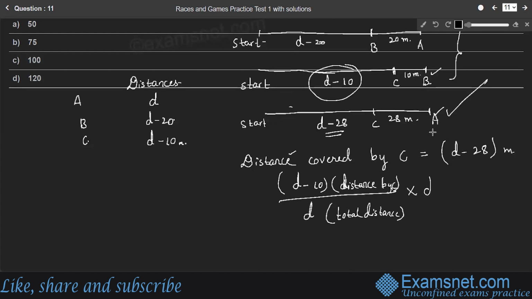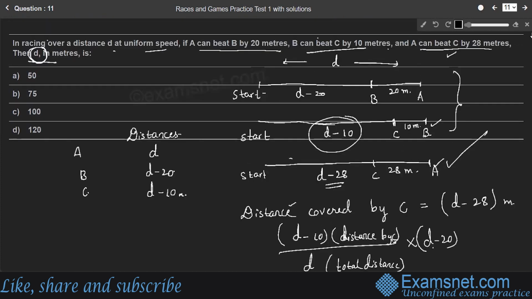Therefore, if D minus 20 is the distance, we are considering the case where B can beat C by 10 meters. So if D minus 20 is the distance, come back to the first case. Here B's position is such that the starting point to B distance is D minus 20. If the destination is D minus 20, C's position will be somewhere here.